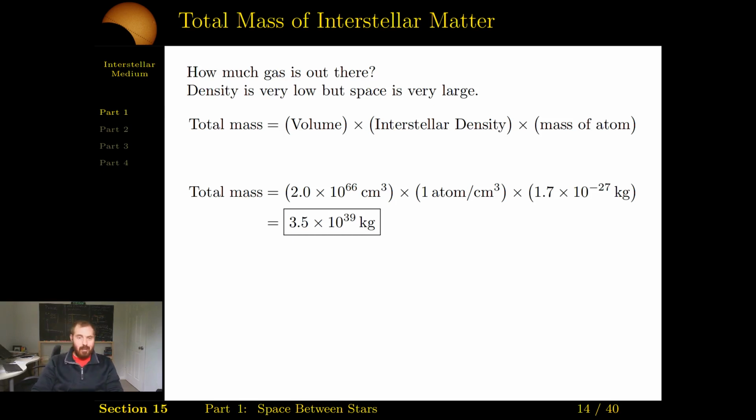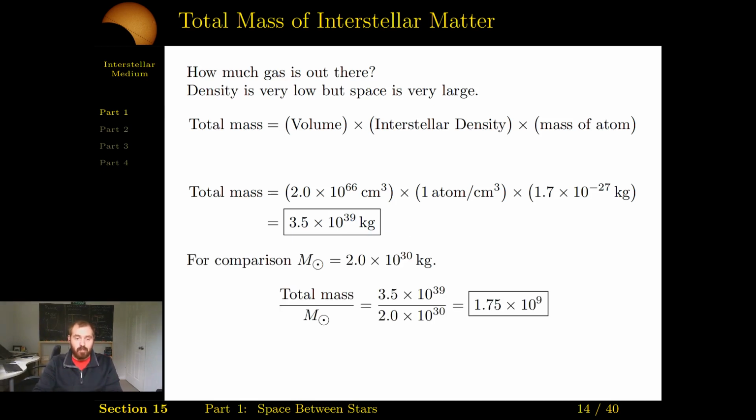So now we're doing this game, like I said, way back at the beginning of, well, this is a really, really big number. What does it mean? So let's rescale this. Instead of talking about 10 to the 39th kilograms, let's compare it to something that has a bit more meaning to us. Let's look at the mass of the sun. Remember, circle dot means Sol.